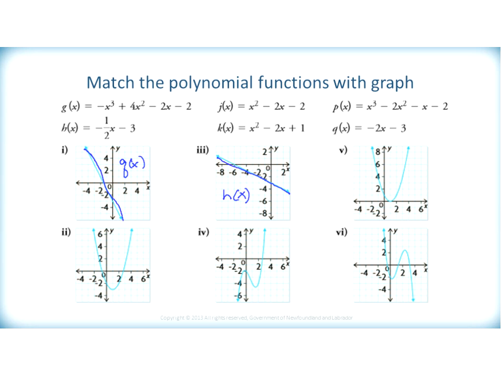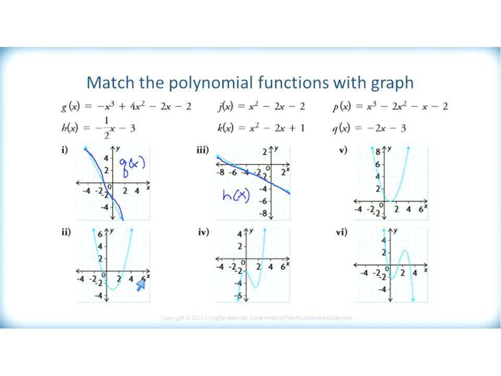We have graph number 2 right here is a quadratic. It is a function of degree 2. We can look at this one, and we have also a function here, degree 2. Both open up, so the leading coefficient will not help us out here.